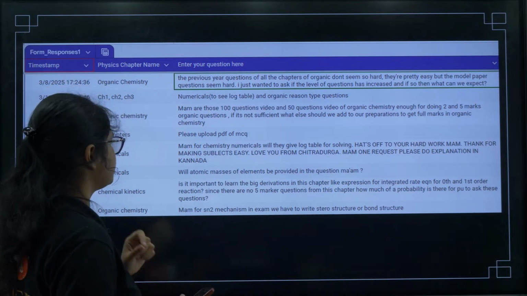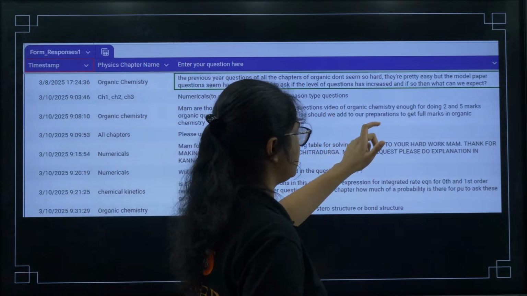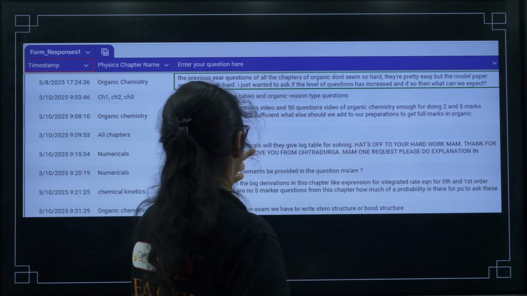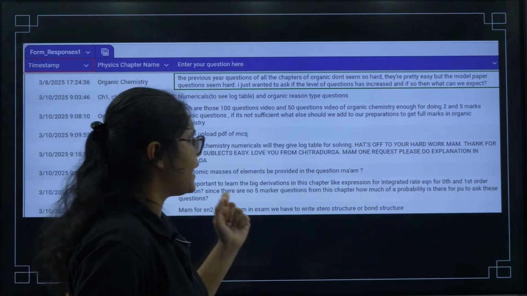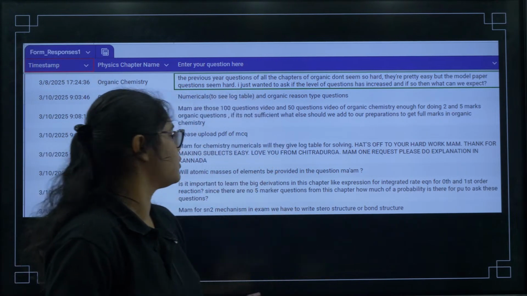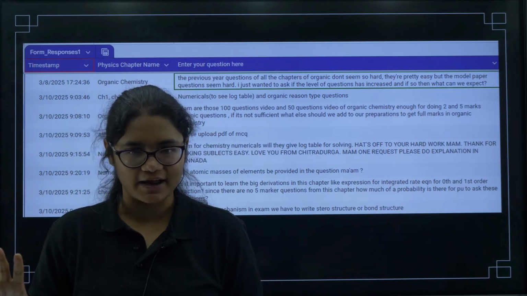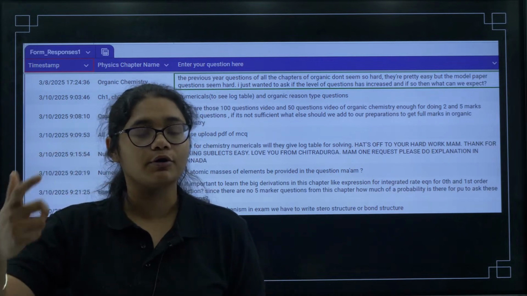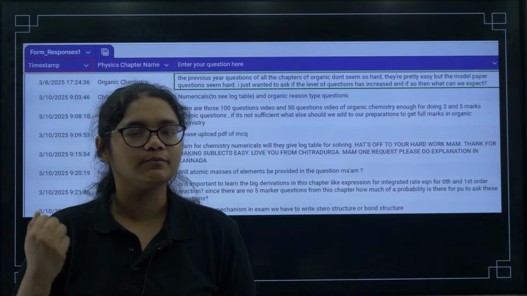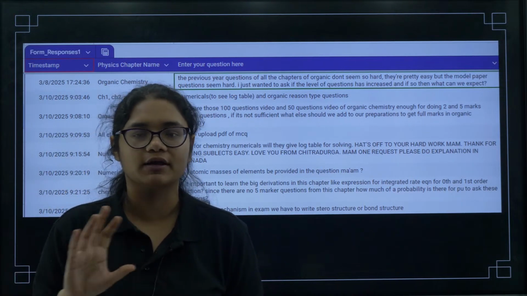Next question: ma'am, are the 100 questions video and 50 questions video of organic chemistry enough for 2 and 5 marker organic questions? If not sufficient, what else should we add to get full marks? Students, whatever questions I have done is definitely sufficient, but if you still have time and want to prepare more, you can take the Jivit book and do all the questions from there, or watch my Brahmastra session for organic chemistry.